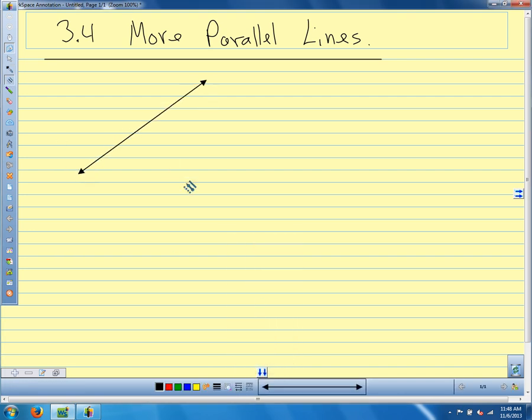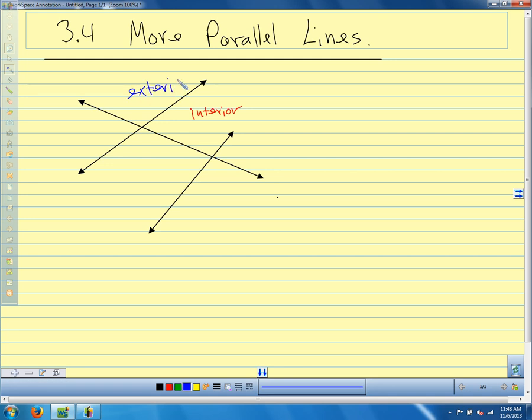So if we have two lines and they're intersected by a transversal, we called the space between the two lines, what do we call that space? The interior. So this is the interior. And we call the space outside the exterior.